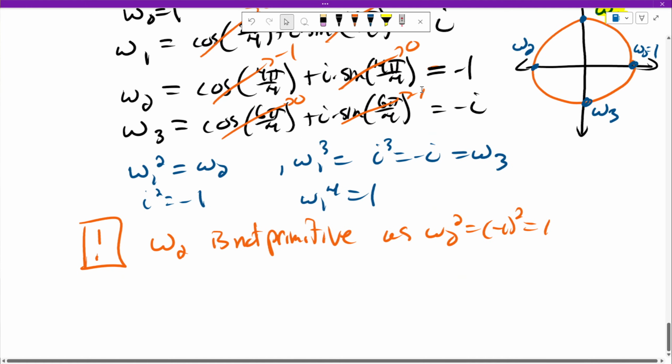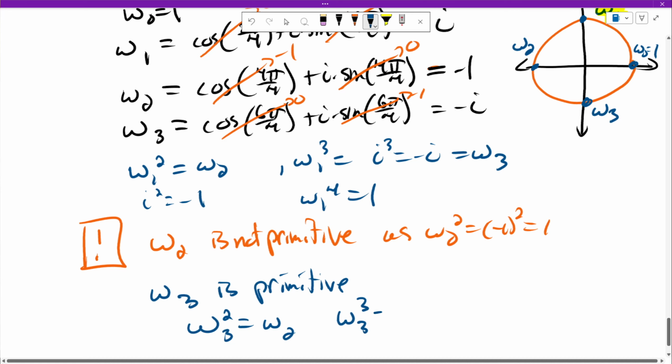But it's not hard to convince yourself that W3 is primitive. If you were to sit here and compute it, W3 squared is W2, and W3 cubed is W1, and W3 to the 1 is clearly W3.